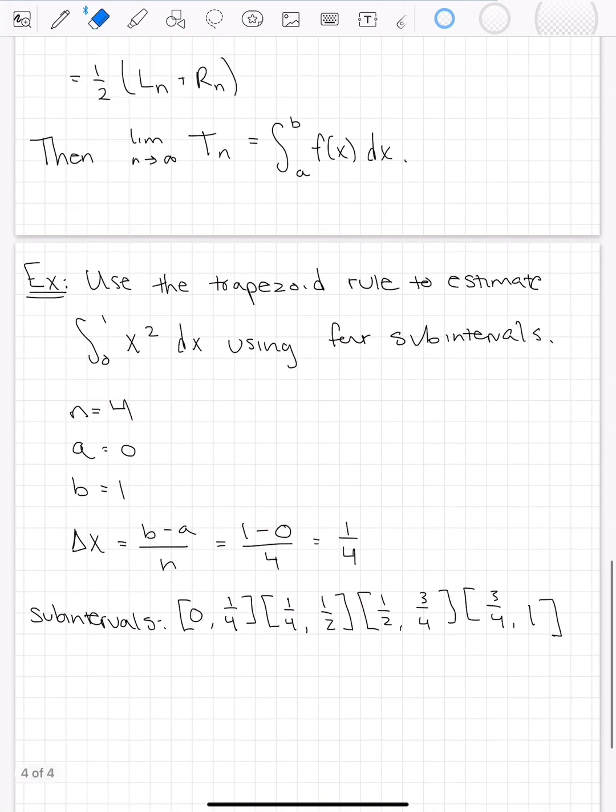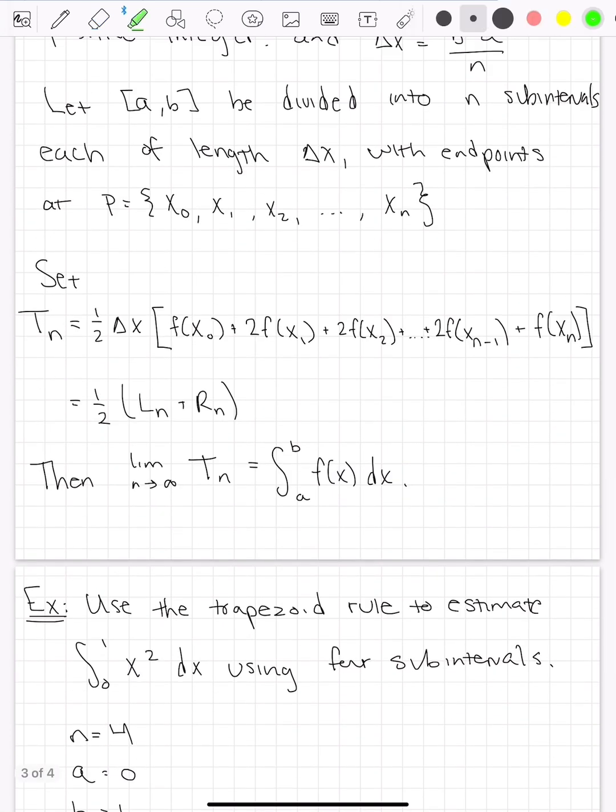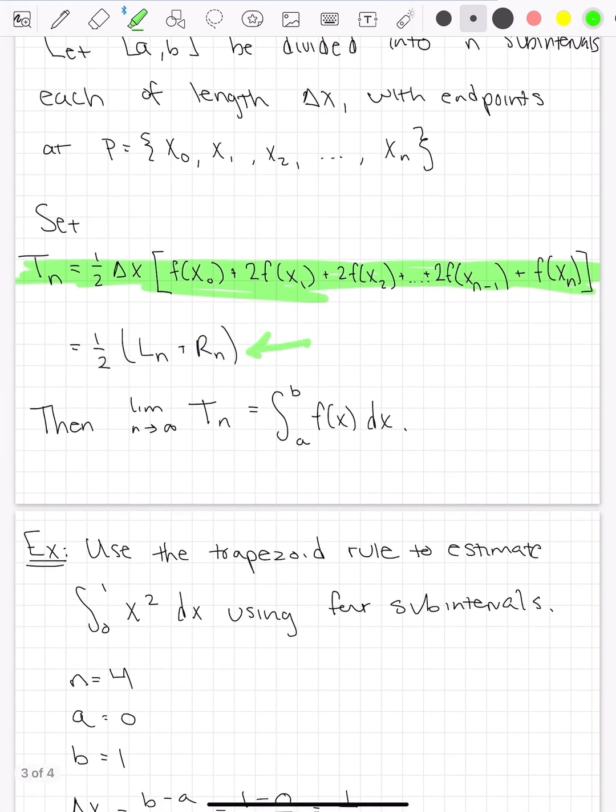So I'm going to use this formulation. If I had Ln and Rn for this example, then it would be much easier to just plug them into here, but I don't. If you don't have them, then the first formulation is easier, because if not, you're going to have to do L4 and R4 separately.